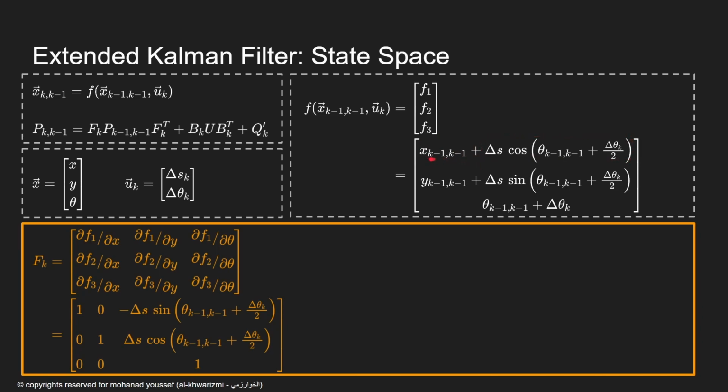So it will be only the derivative of this term, which is 1. Then the second element will be the partial derivative with respect to y, and in this equation we don't have any dependency on y, so it will be 0.